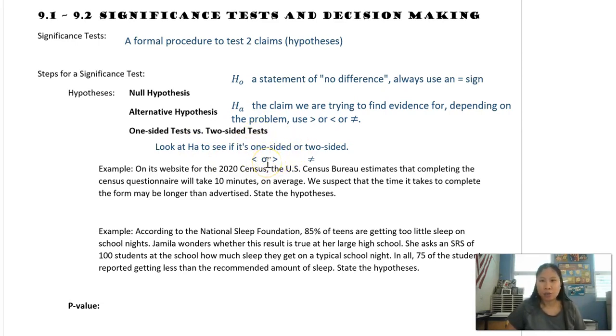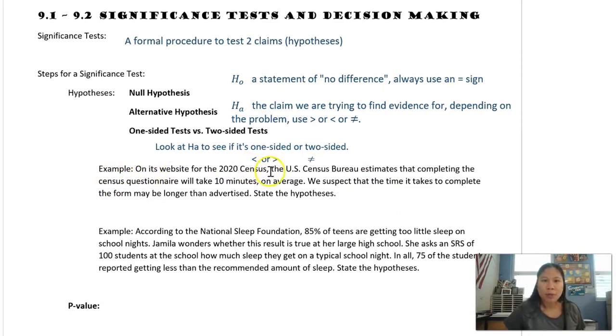If you think about finding probabilities on a normal curve, if we only shaded one side of it, either the right or the left, that would be because you're doing a less than or greater than problem. That's why it's one-sided. Two-sided is whenever you use the not equal to sign. It doesn't specify less than or greater than, so it counts as both. So let's do a couple examples to write out the hypotheses for a claim.